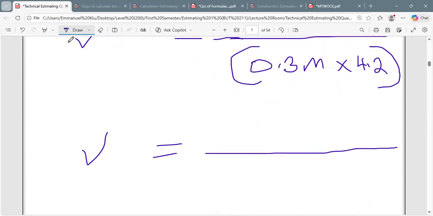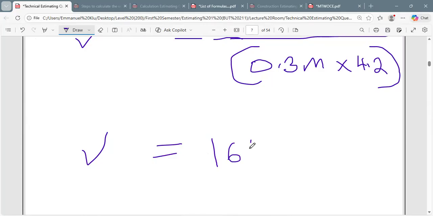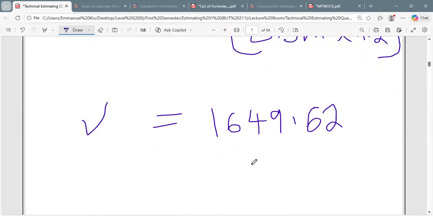Okay. So we are going to get 1649.6 whatever. But at the end of the day we have to round it up. Okay, so this is going to become 2. Okay, so that's the number of board required.